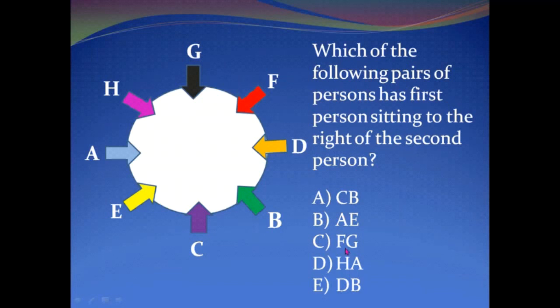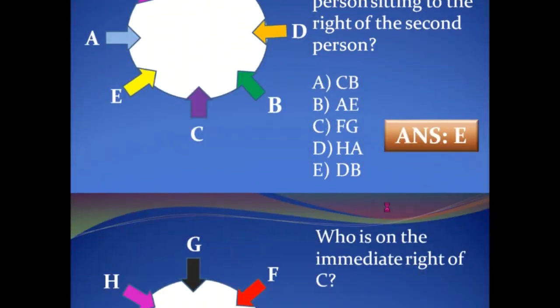Option C, F is sitting to the right of G. Is it correct? No. Option D, H is sitting right of A. No, it is not correct. D is sitting right of B. Yes, it is correct. So our option is E.